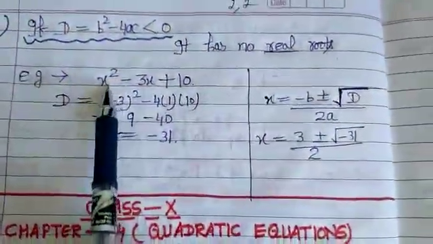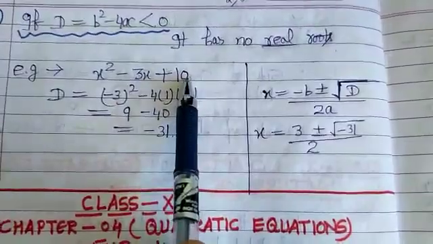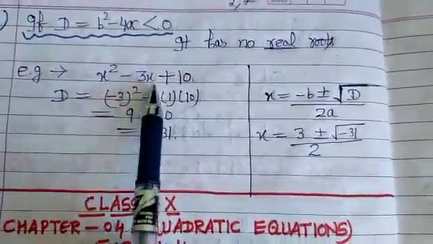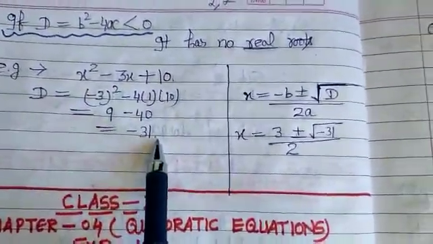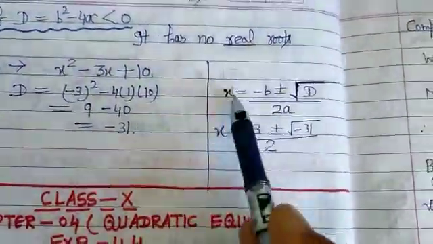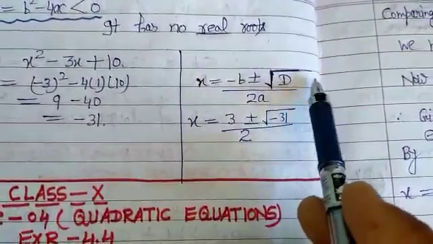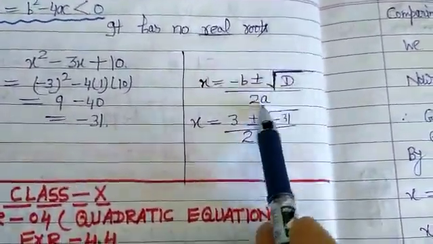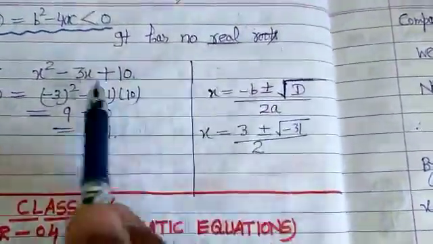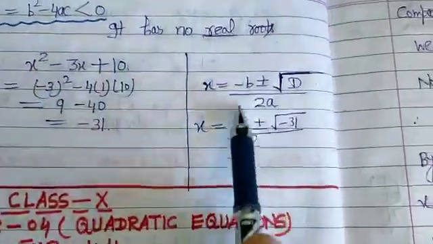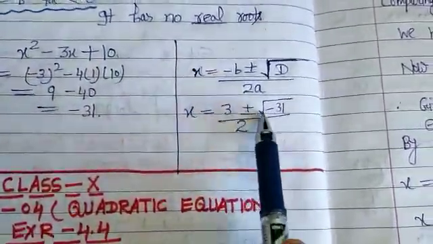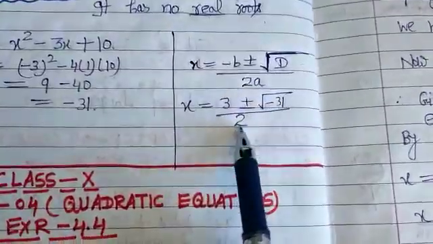So for example, x square minus 3x plus 10. I have taken this equation. When we calculated its discriminant, it came minus 31, and we substitute the values in the quadratic formula, that is minus b plus minus square root of b square minus 4ac, that is the discriminant, upon 2a. So the value of b is here minus 3, and minus of this becomes positive 3, plus minus square root of minus 31 upon 2.